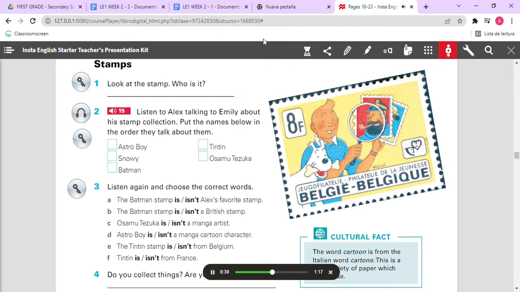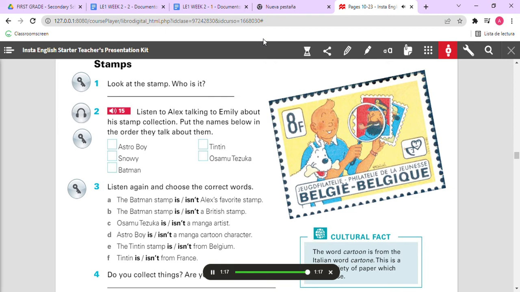Ah, that's Astro Boy. He's Tezuka's manga creation. Really? Alex, is that Tintin? Yes, it is. And that's his dog. What's the dog's name? It's Snowy in English, but it's Milo in French. Is the stamp from France? No, it isn't. Look at the name of the country on the stamp. That means Belgium in English. Interesting. So is Tintin from France? No, he isn't. He's from Belgium.